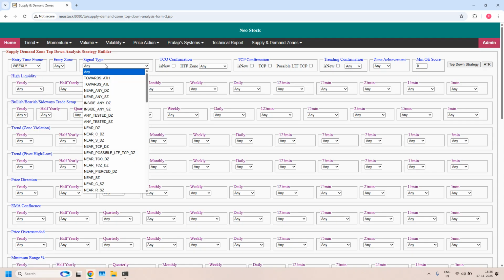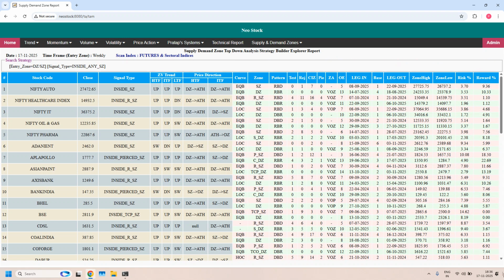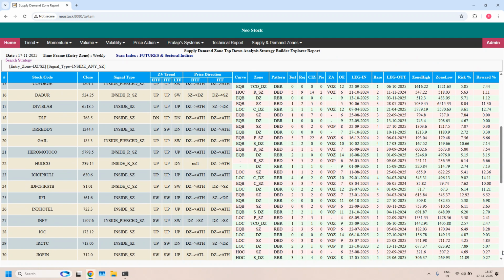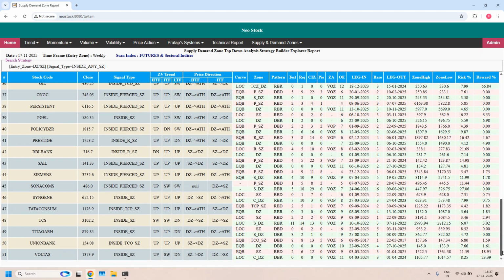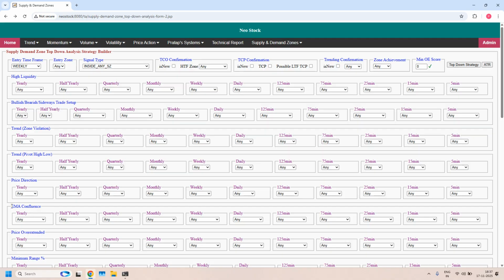Price closed inside the weekly supply zone. First 15 stocks in the list. Scrolling the list down, total 51 stocks we got. Again, we will apply EMA confluence on these weekly supply zones, and also trend on the weekly should not be sideways.